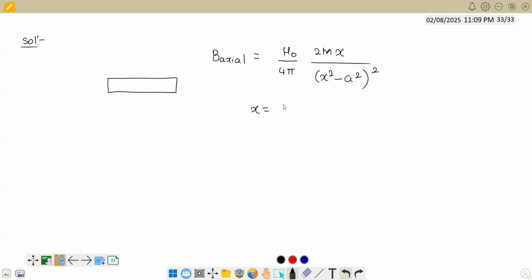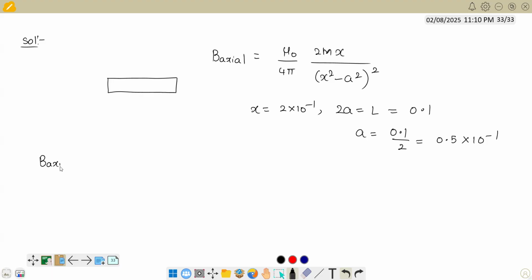Now the distance is given as 0.2 meters from its center. I'll call it 2 into 10 power minus 1. Remember, 2a is considered the length of the magnet and it is given as 0.1. So a would become 0.1 by 2, which is 0.5 into 10 power minus 1. So let us substitute.